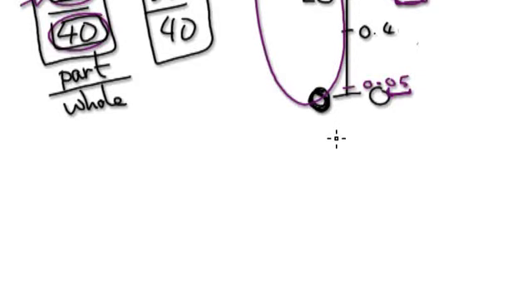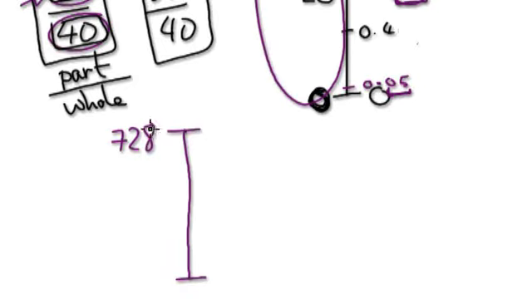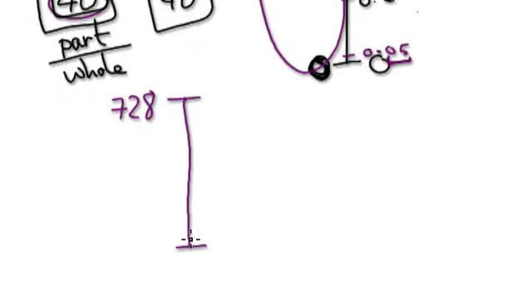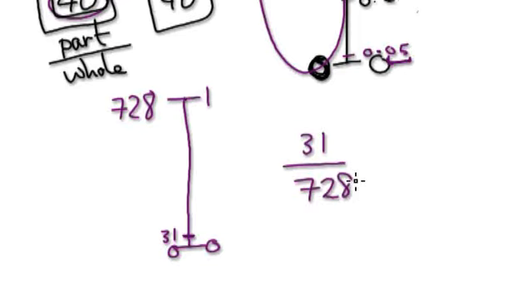Because let's look at something similar. Let's say you've got another exam here, and there were 728 questions, and let's say you've got 31 correct. So 0 here, 1 here. We are now talking about a different exam. You've got 31 out of this whole thing here.